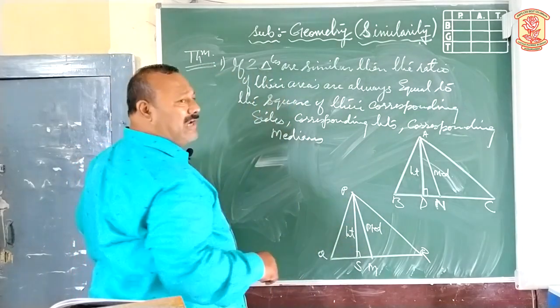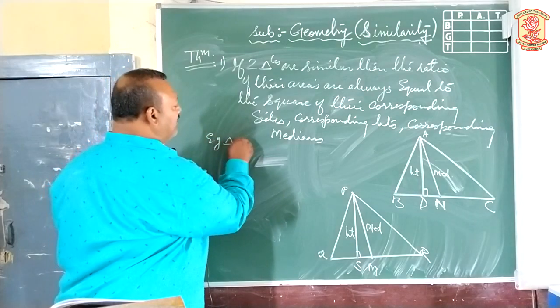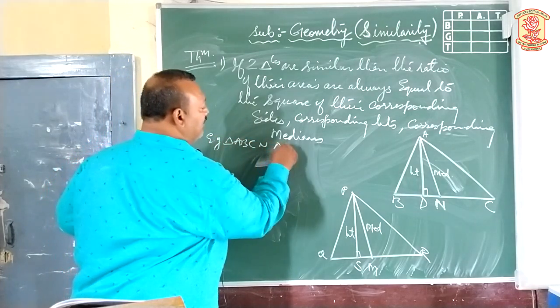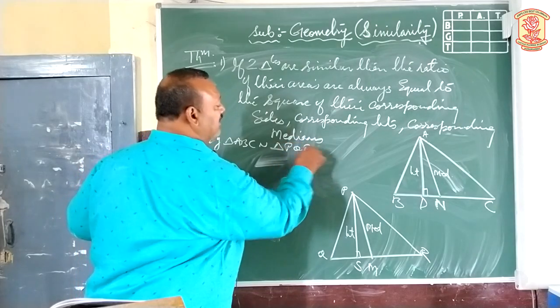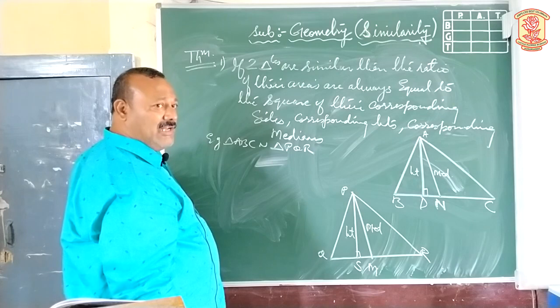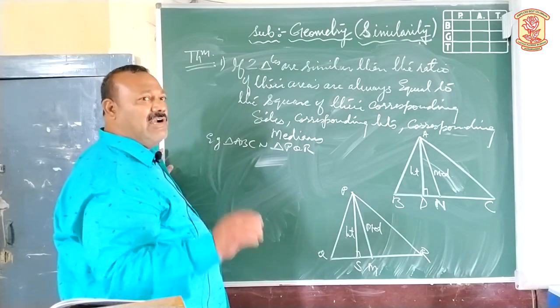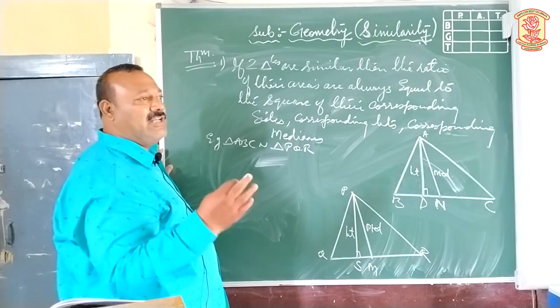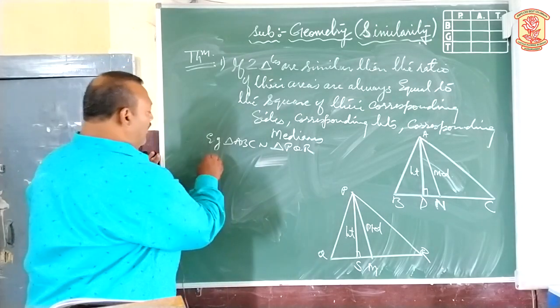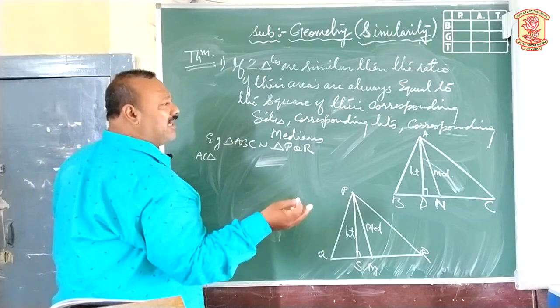Now, whenever two triangles are similar, for example, triangle ABC similar to triangle PQR, this is the condition. What the theorem says: whenever two triangles are similar, the ratio of their areas is always equal to the square of the ratio of the corresponding sides.